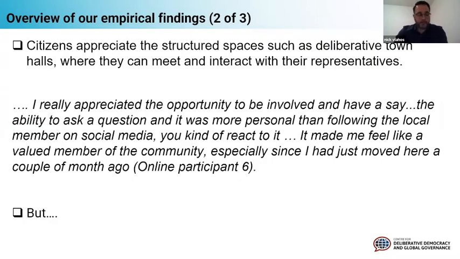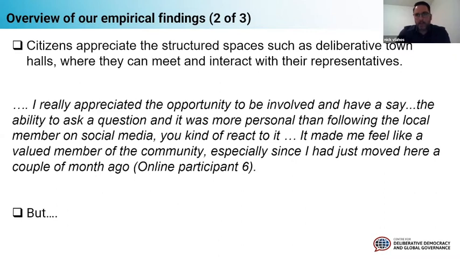They definitely appreciate the particular forms of these structured spaces which allow them to meet face-to-face with and interact with their representative. You can see from the quotes here that it acts as a very personal atmosphere. Some of them noted that seeing Andrew, for example, with a cup of coffee, in such an unscripted space was a really good thing to see.